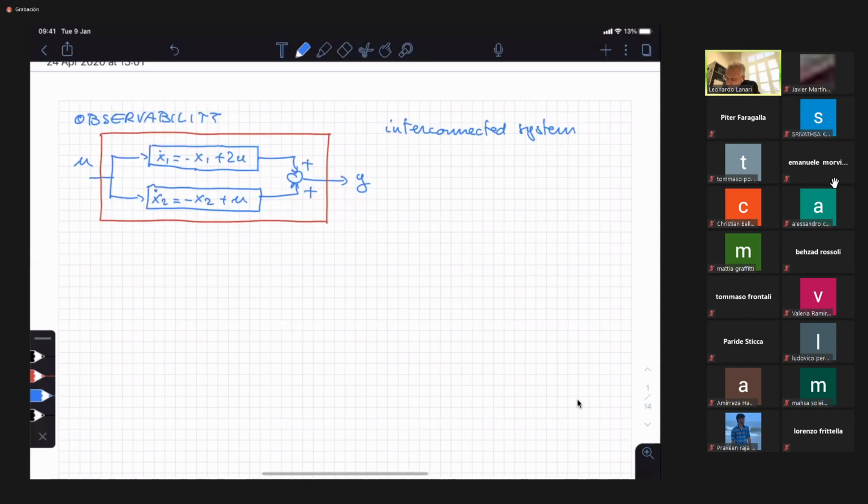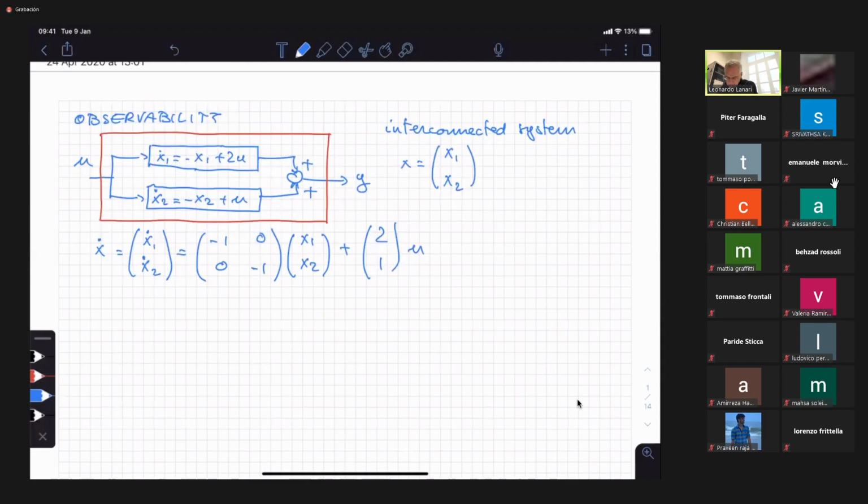We know we can choose as state x1 and x2, so that when we compute x dot, that would be the derivative of each component, we would have minus 1, 0, 0, minus 1, times x1, x2, plus 2, 1, times u.